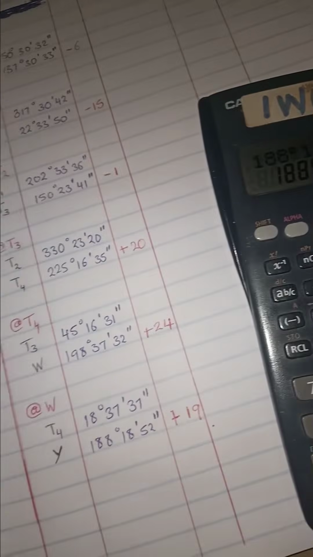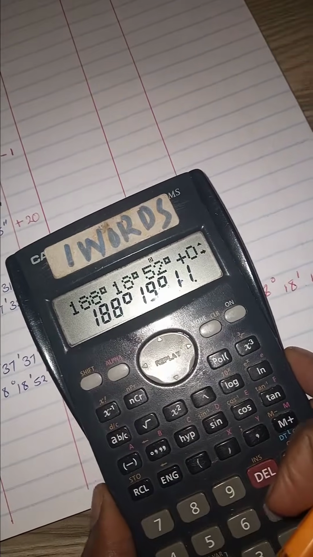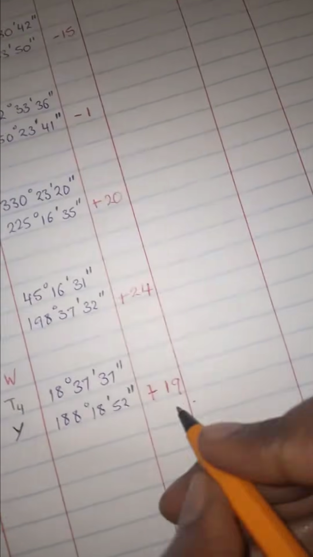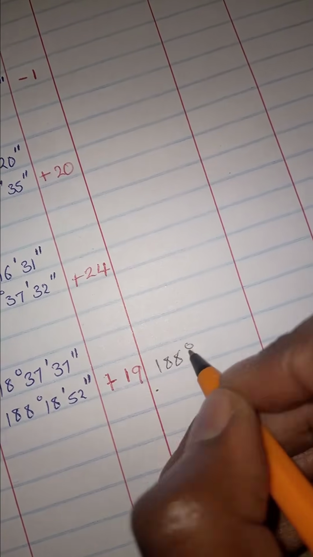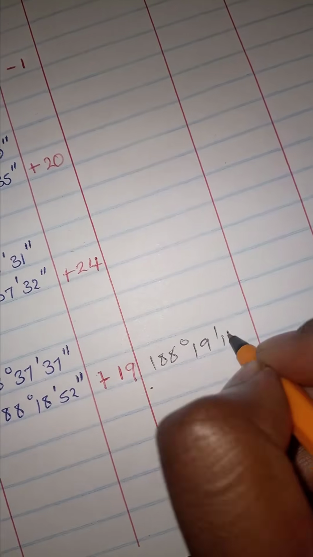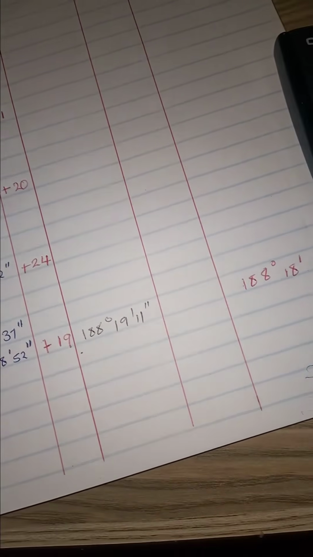So my final value there will be 188, 19, 11. So that is the value that I'm going to write here on the preliminary adjusted bearing column. So my preliminary adjusted bearing, I have gotten it as 188, 19, 11.